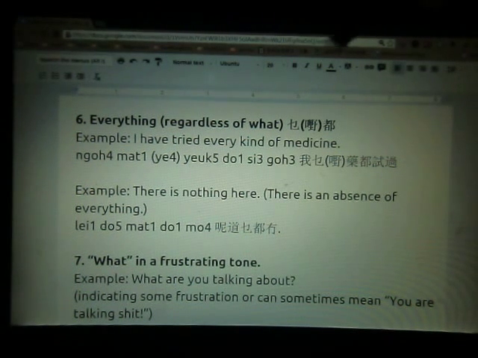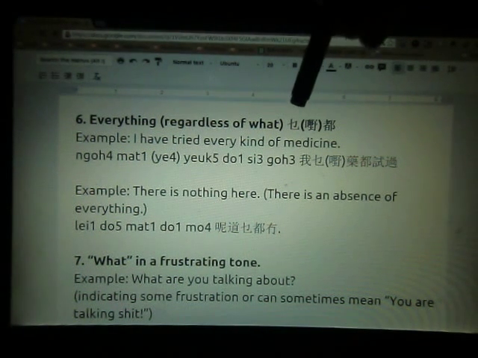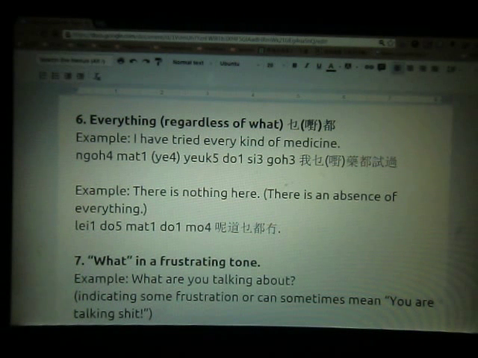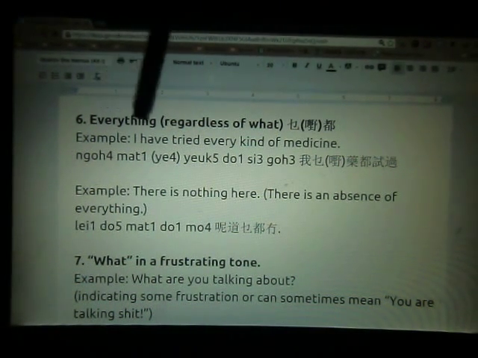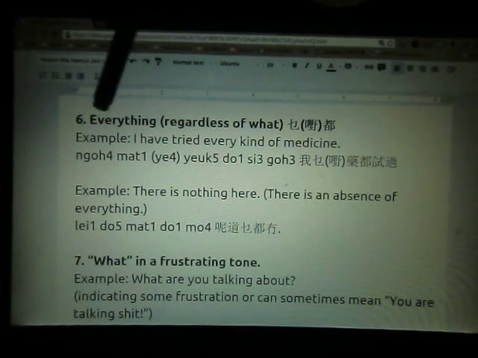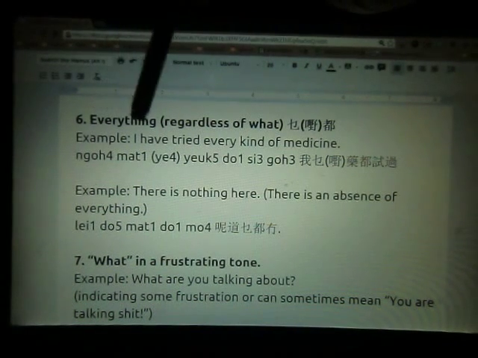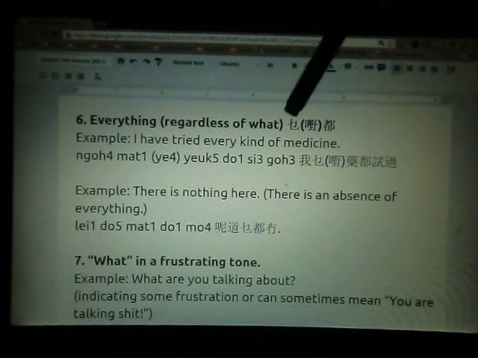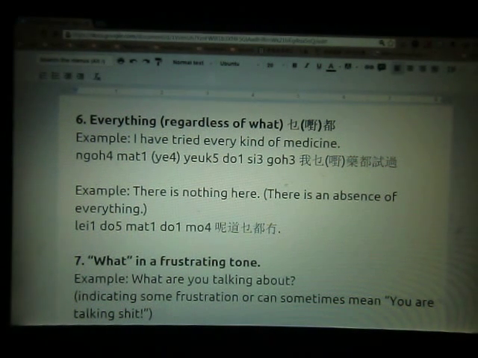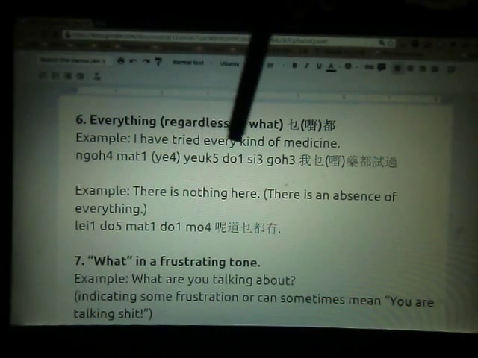And then the sixth meaning, it can be used to mean anything or everything. Right? So actually, 乜 can be used to say something like anything or everything. But in Mandarin, because there's no such word as 乜, people will say 每, as every. But if you use 乜, you can use it for any or every. So, for example, I have tried every kind of medicine.